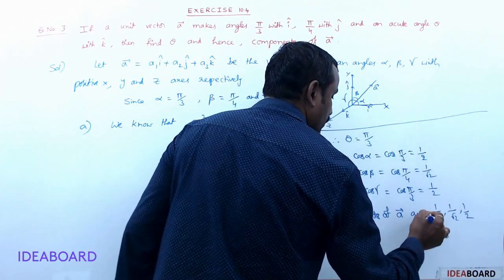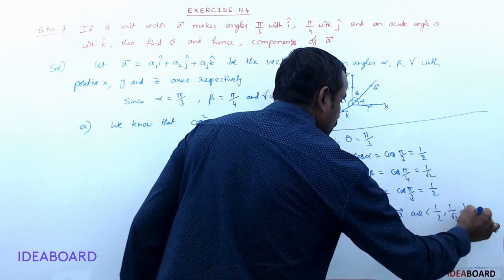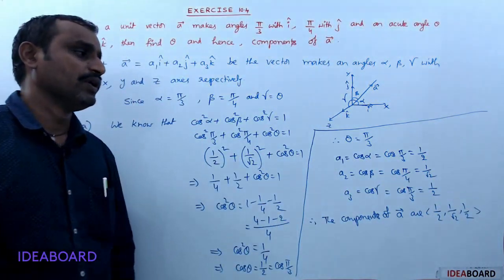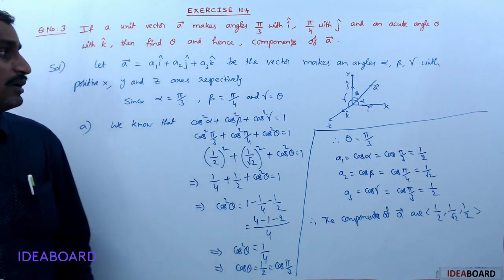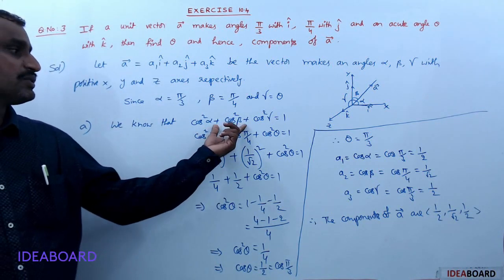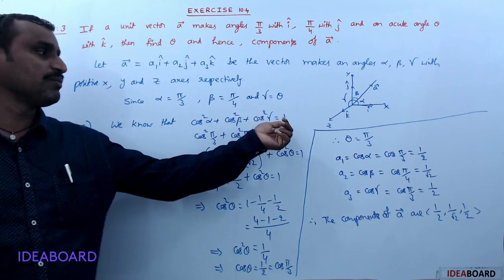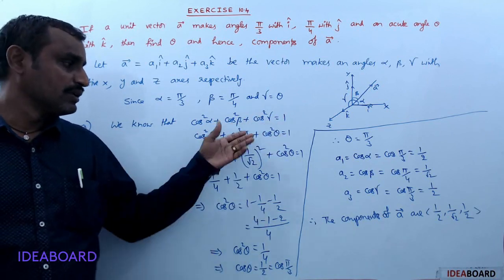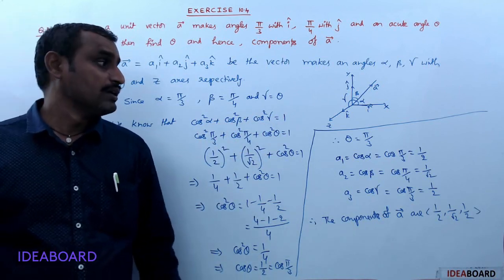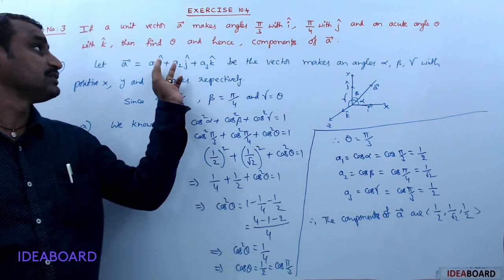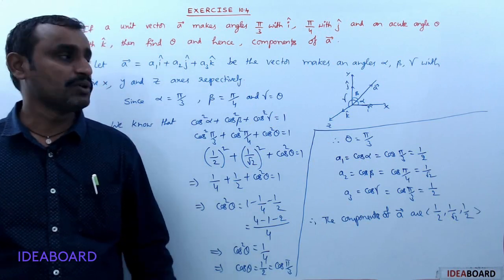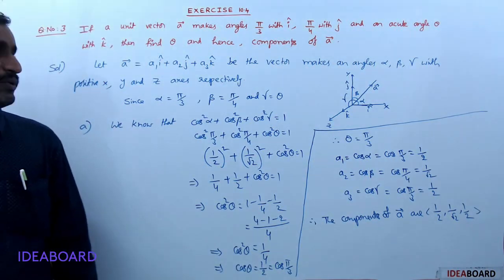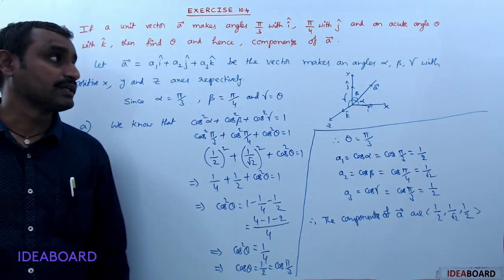So this is the required result. Note down the important formula: cos square alpha plus cos square beta plus cos square gamma is equal to 1, and after that, simplification. Here the scalar components we are considering as cos alpha, cos beta, cos gamma. So this is the required solution. Note it down. We will discuss the next question.